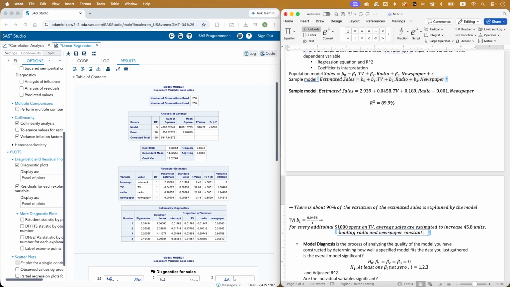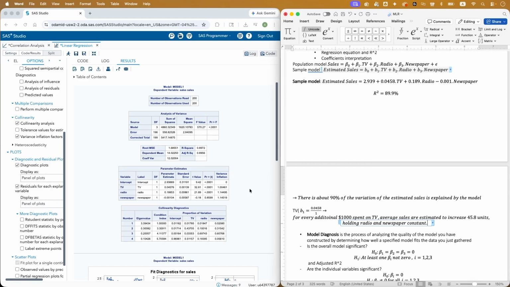Without taking the radio and newspaper into account, let's focus on the TV effect only on the sales. So for every $1,000 we spend on the TV, the average sales are estimated to increase by 45 units, holding the radio and the newspaper constant, without counting for them, okay? We're separating their effect.